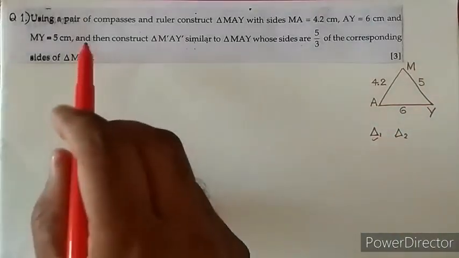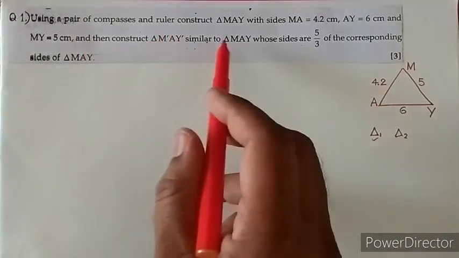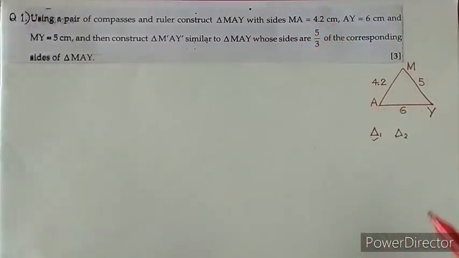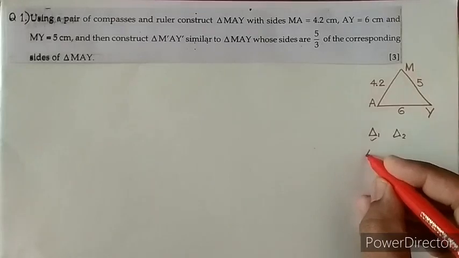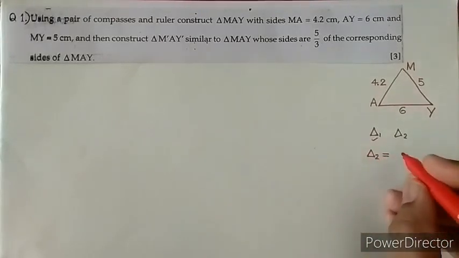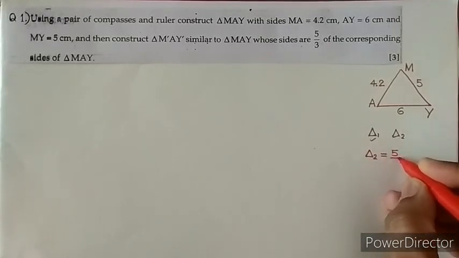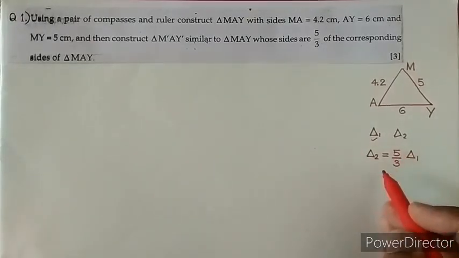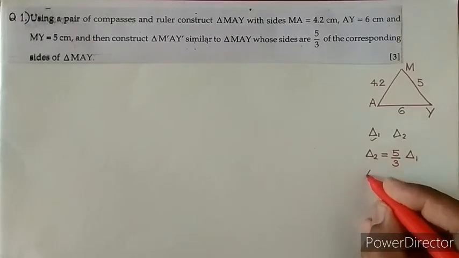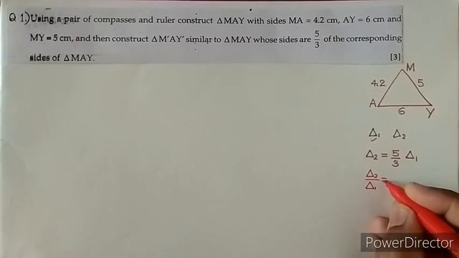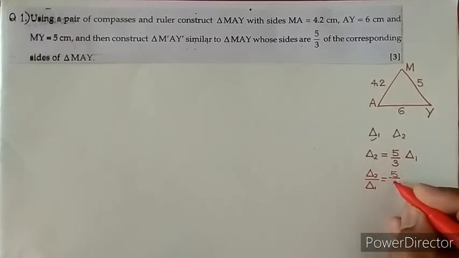Now it's given in the question, construct the other triangle similar to this one whose sides are 5/3 times. So triangle 2, its sides are in the ratio 5:3 times the corresponding sides of triangle 1. If I take triangle 1 on the other side, you have triangle 2 upon triangle 1 equals 5/3.